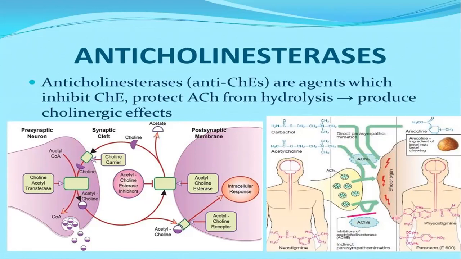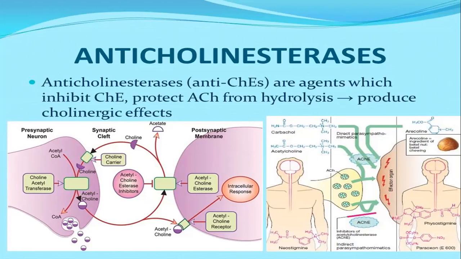And this way an action potential is generated in the muscle end plate. Now what is the fate of this acetylcholine? This acetylcholine is broken down by acetylcholinesterase into choline and acetate, and choline is reuptaken by a clathrin-mediated transport for resynthesis in the presynaptic terminal.